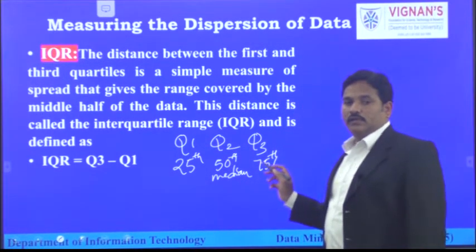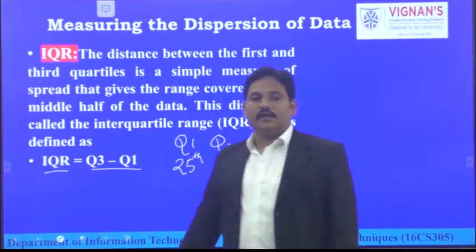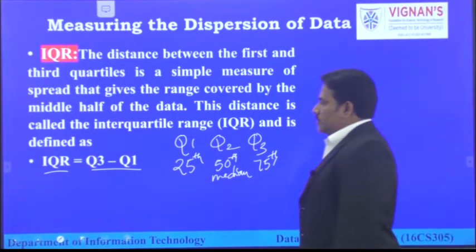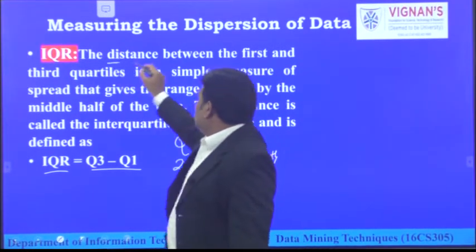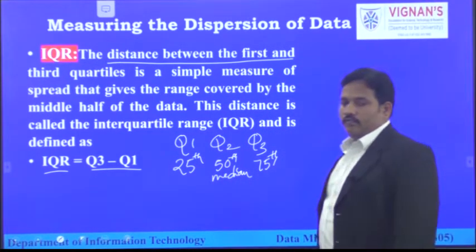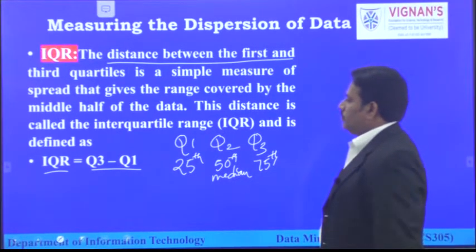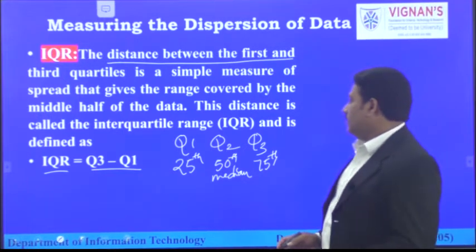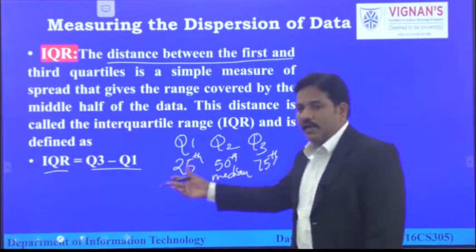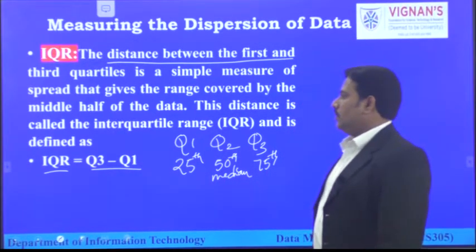When we take the difference between Q3 and Q1, we call it the interquartile range, that is IQR. So here is the definition: the distance between the first and third quartile is a simple measure of spread, giving the range covered by the middle of the data. This distance is called the interquartile range and it is defined as IQR equals Q3 minus Q1.